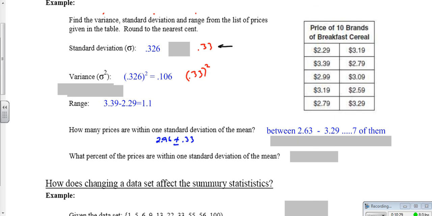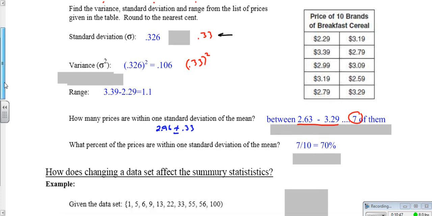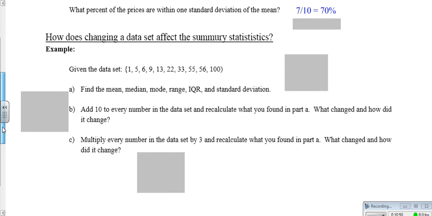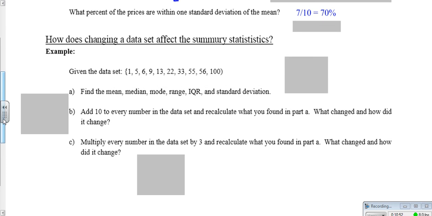So how many of the numbers in that list are between these two numbers? 7 of them. Okay. What percent of them are within that? Well, there's 10 numbers, so 7 out of 10 is 70%.